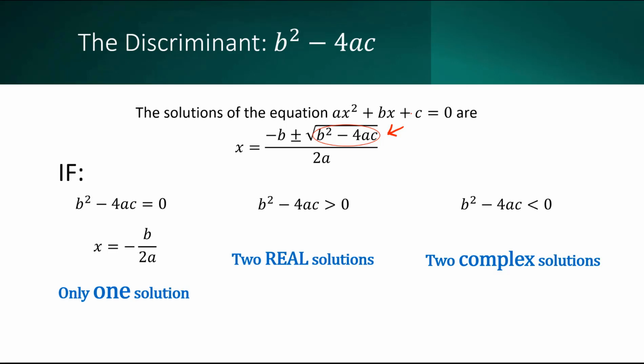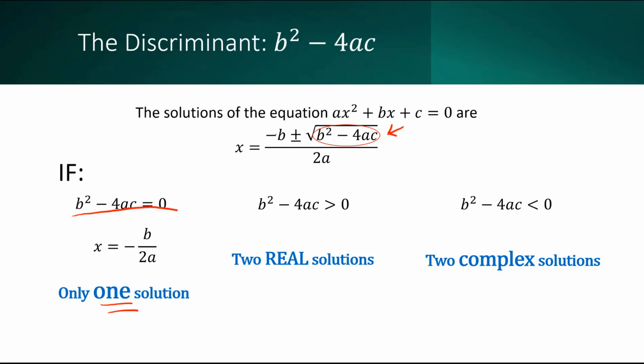The reason is because if b squared minus 4ac comes out to be 0, then that part of the solution is gone, and all you have is negative b over 2a. So if the discriminant for a quadratic equation is 0, it tells you that there's only one solution, and that's going to be a real number.